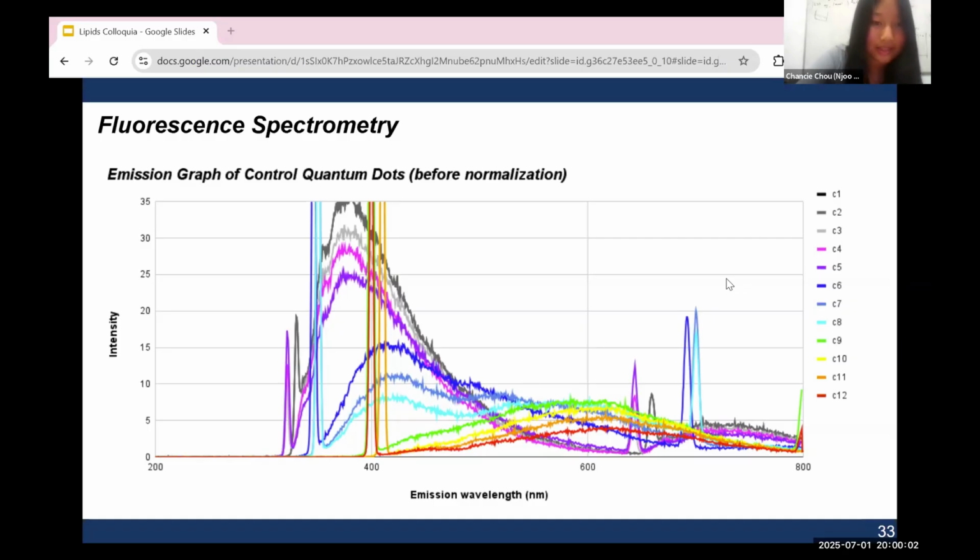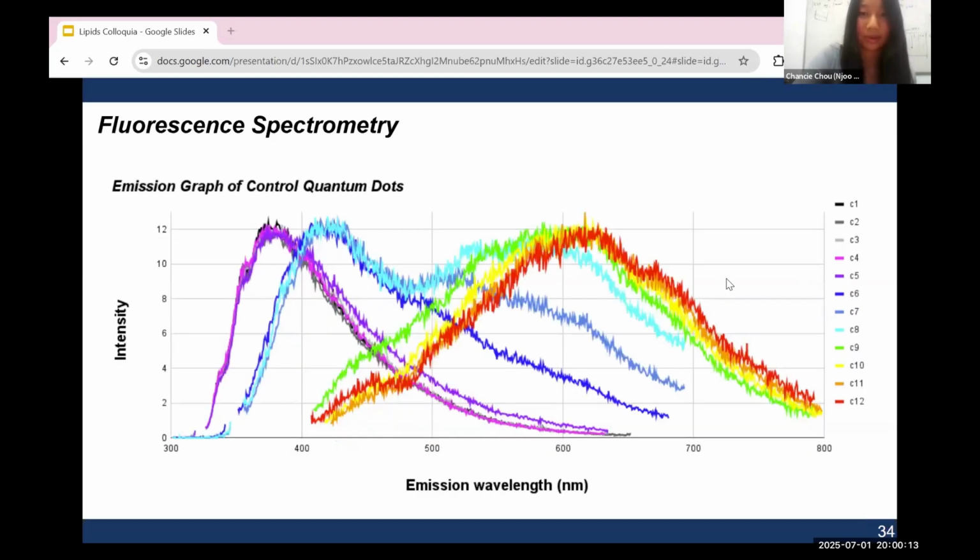In addition, you can see that we have multiple excitation wavelengths and their doubles, but in analysis, these are just considered as noise. So after some data processing in which we remove that excitation wavelength noise and also normalize all the peaks to the same height, you can see that the graph does become more redshifted as the quantum dot size increases. So this matches up with our expected result.